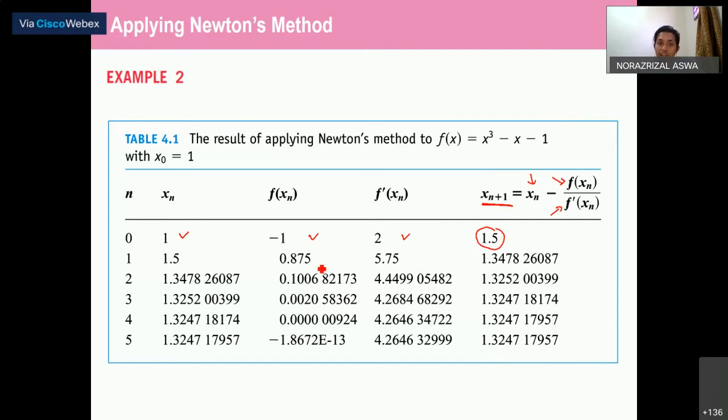That's the first one. Then xn plus 1 becomes our guess xn. You repeat the procedure: compute f prime xn, take this one and this one, plug into our formula, and get a new value. You repeat again and again until you are satisfied.